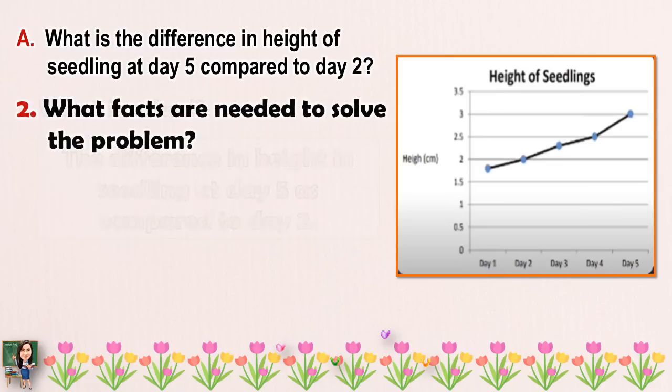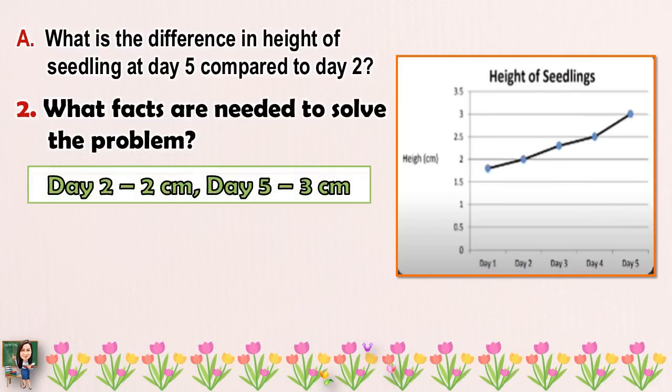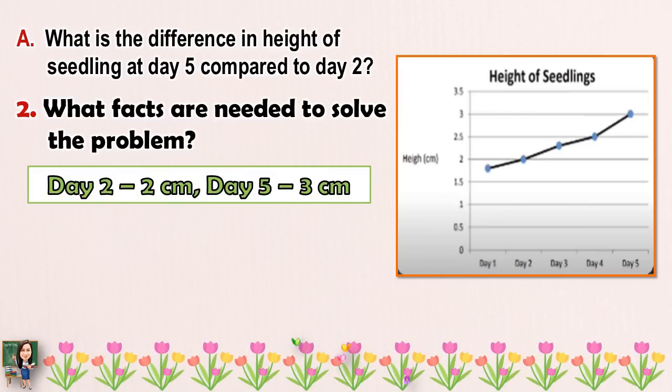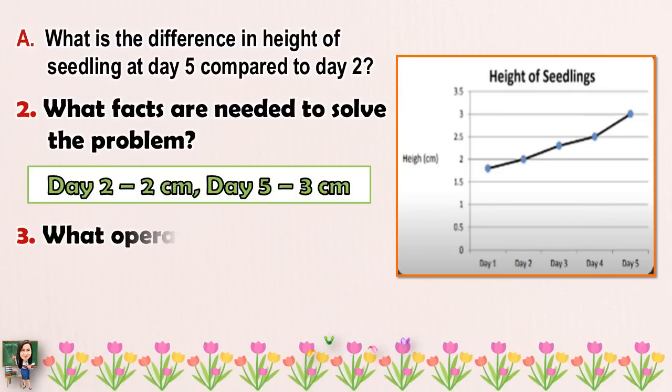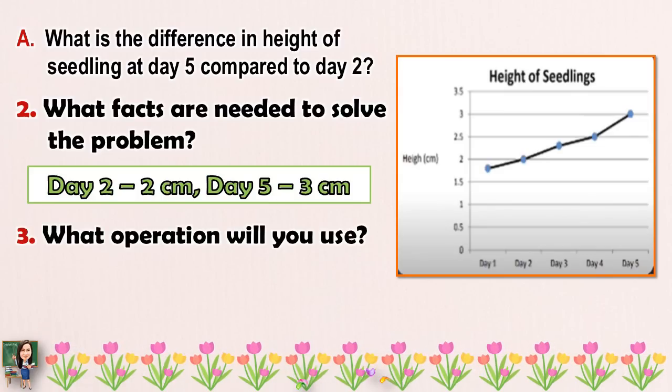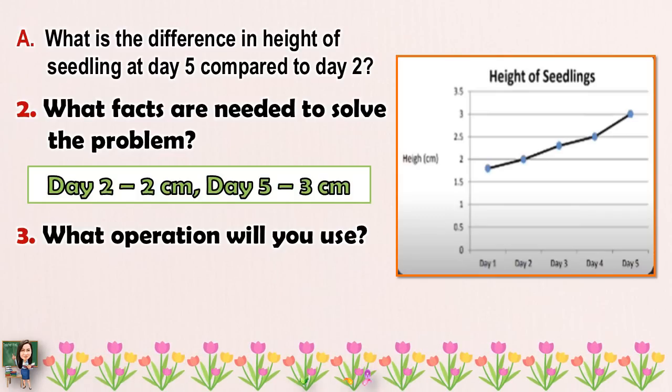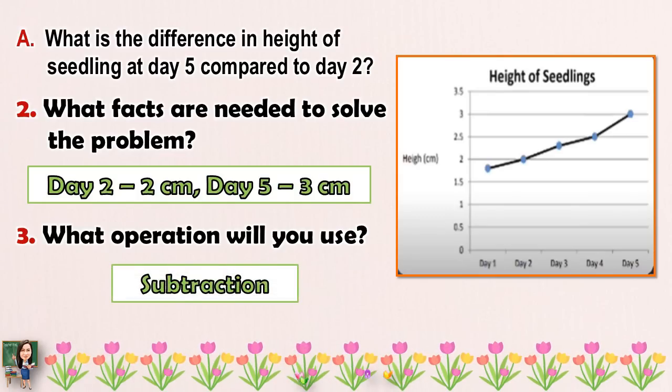Second question, what facts are needed to solve the problem? Correct. The facts are day 2, which is 2 cm, and day 5 is 3 cm. Third question, what operation will you use? Correct. The operation to be used is subtraction.